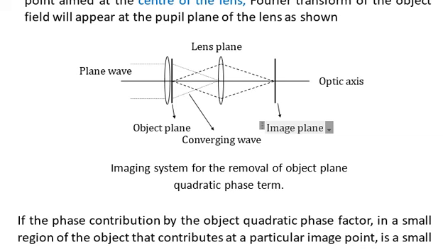You see that the plane waves are incident on the lens, and the lens produces a converging wavefront which will focus at the center of the second lens, as indicated by the small dotted lines. We have placed the input object just after that lens. It means that this object will be illuminated by the converging wavefront.